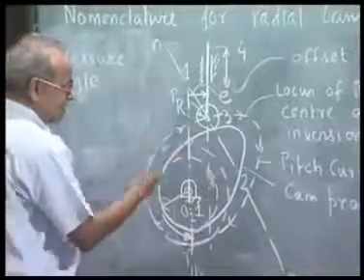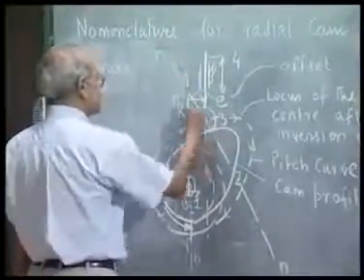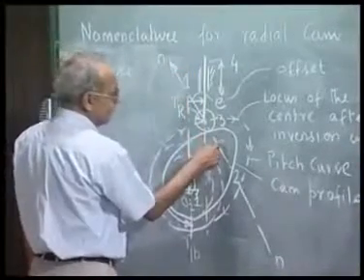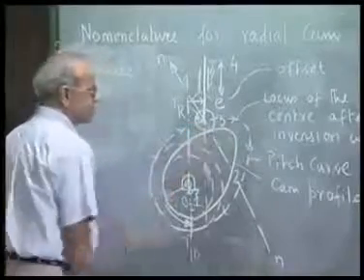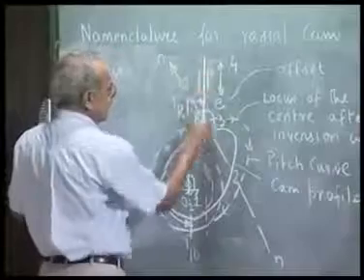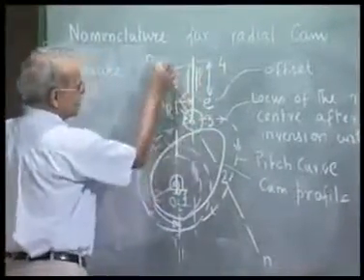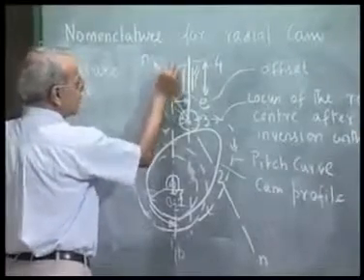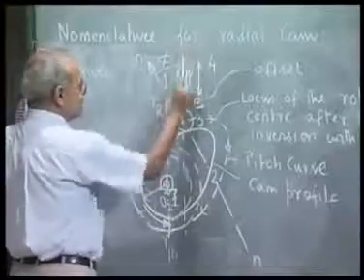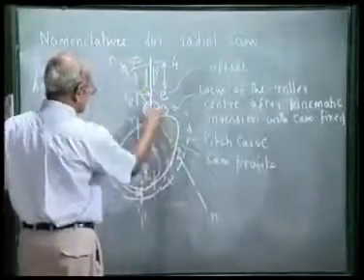Now, if we neglect the friction, the force that the cam exerts on the roller is along this common normal. So, this is the direction of the force between the cam and the roller in the absence of friction. But I want the roller to move in the vertical direction. But I am pushing the roller along this direction. So, this angle should not be too large. The direction of the follower movement is this, direction of the force in the absence of friction is along the common normal.